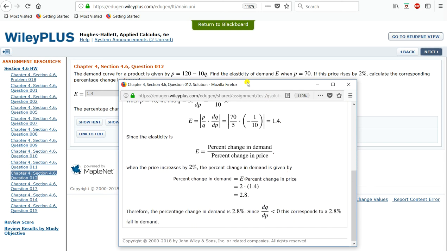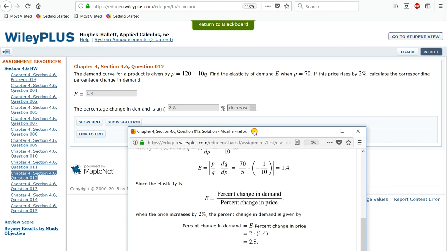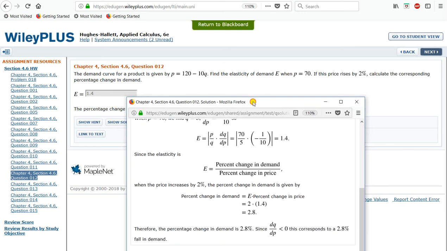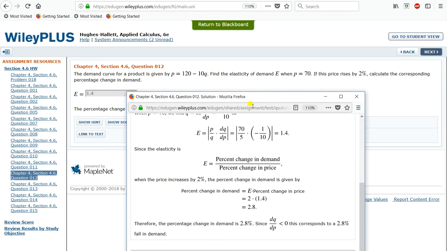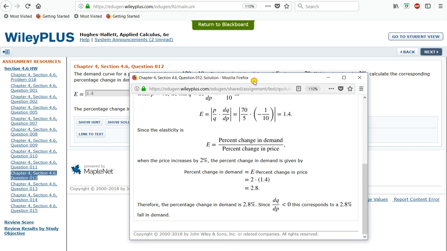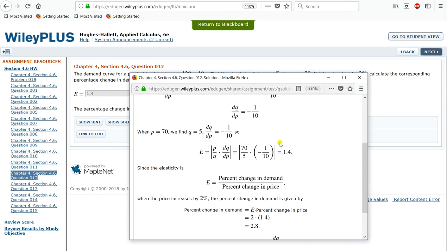So we are decreasing the demand, right? Because we get a negative for dQ over dP here. The derivative is the rate of change of the quantity over the price. It is negative. That means as you increase the price, the demand goes down.